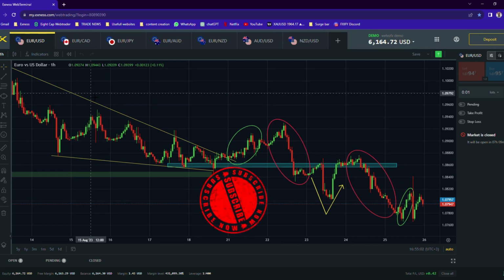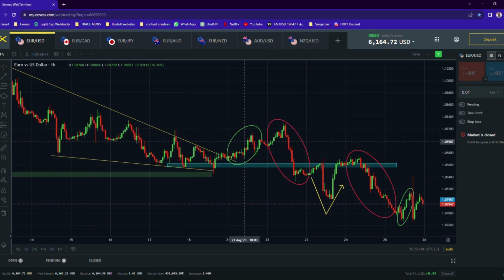We are trying to look at how these pairs move with the euro, and we see how market structures can correlate and look similar. This will help you always have some good opportunities on different currencies and try to see the general market structure in all of them, so it will be kind of similar. And if there are any differences, there will be a reason, and let's try to dive in and see.